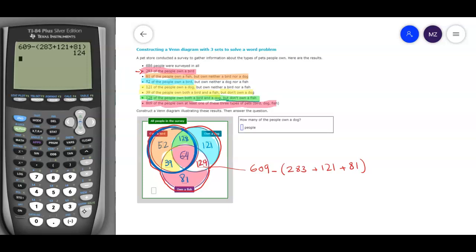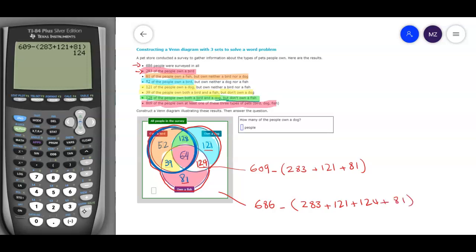Now we can go back to this sentence over here, which is 686, and we're going to do exactly the same thing. Whatever is missing in here is going to be 686, the total square, minus the sum of all these numbers. Again, remember the four numbers in the bird circle add up to 283. We don't need to add them again. Then you add this number and this number, plus 121 plus 124. Actually we can do plus 81.